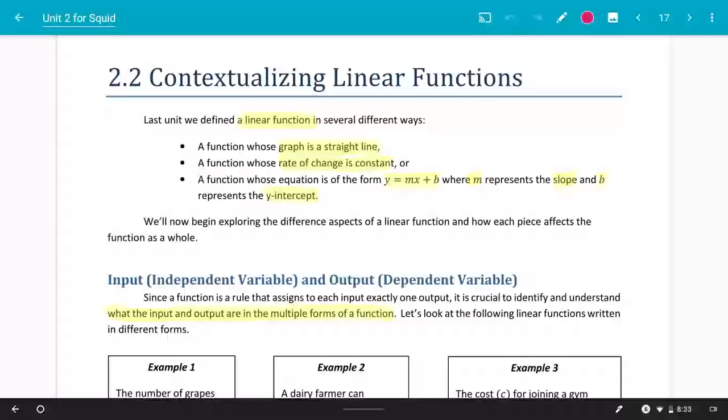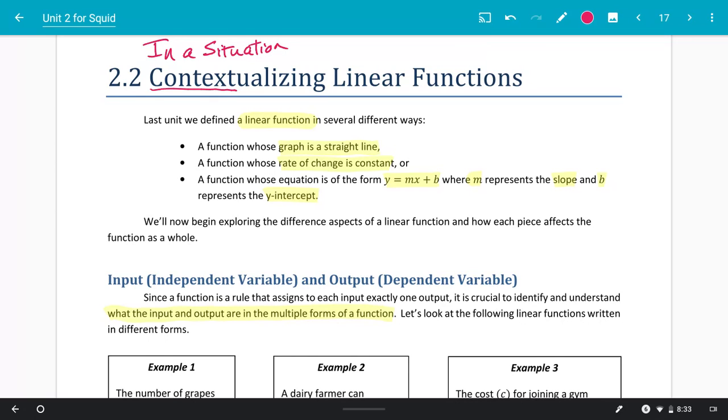Contextualizing means in a situation, or in context. You talk about context in your English classes and reading. If somebody takes what you say out of context, they change the meaning, right?